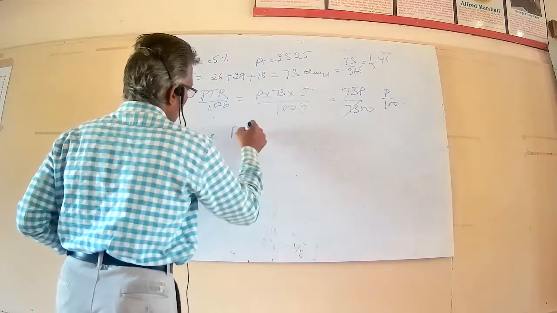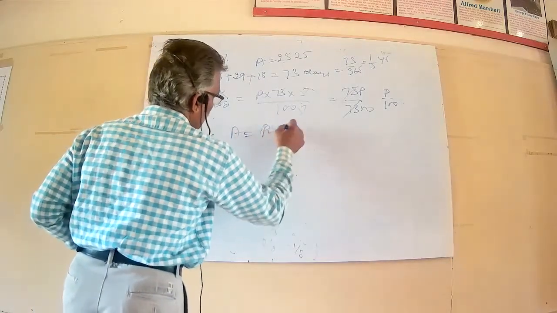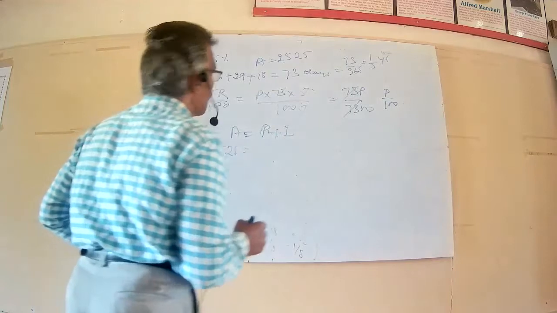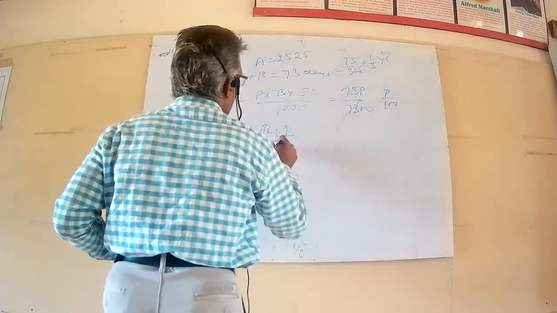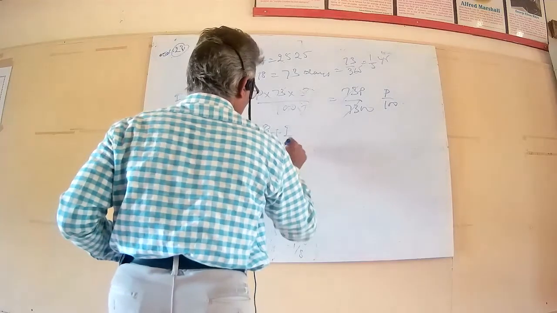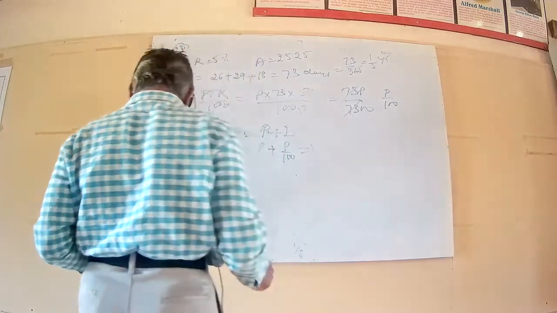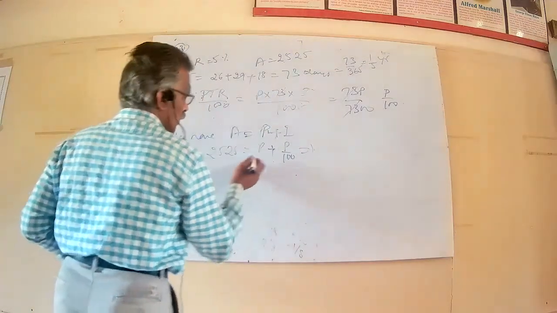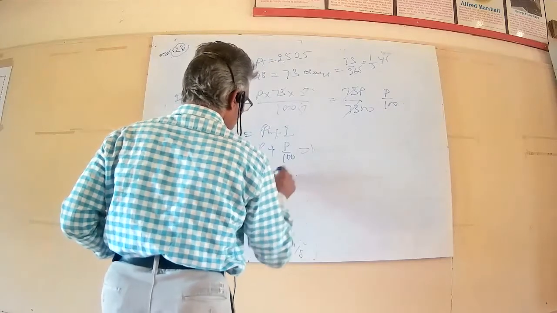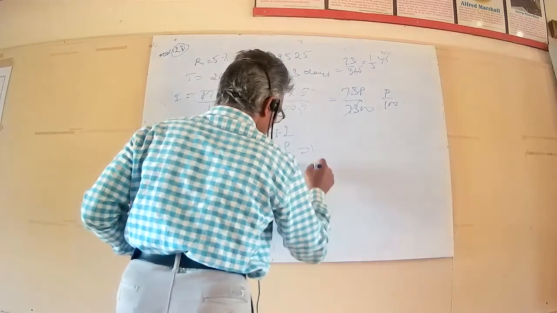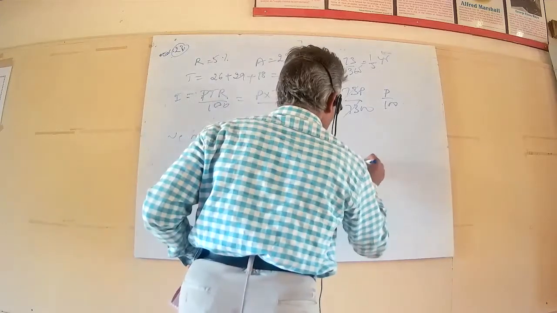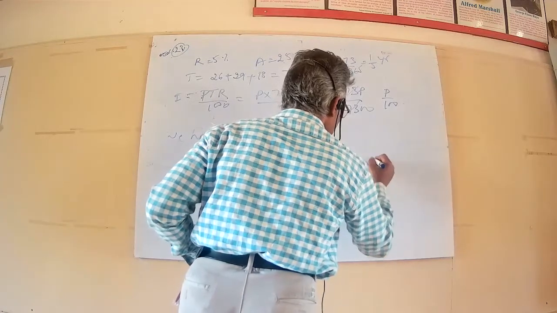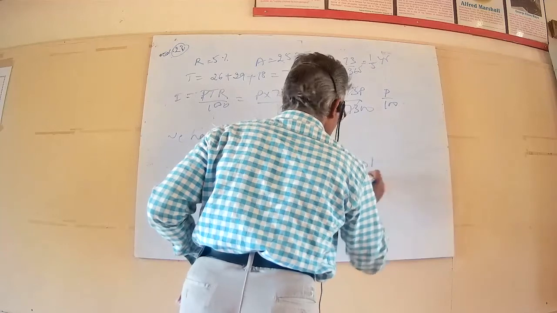Now we have A equal to amount equal to P plus I. A is given, A is 2525, P is unknown. So P plus I is P plus P by 100. If you solve for this, P into 1 plus 1 upon 100, equal to P into 101 divided by 100.